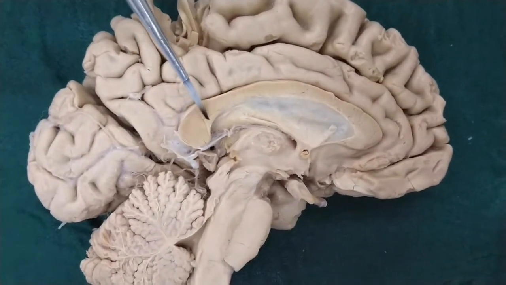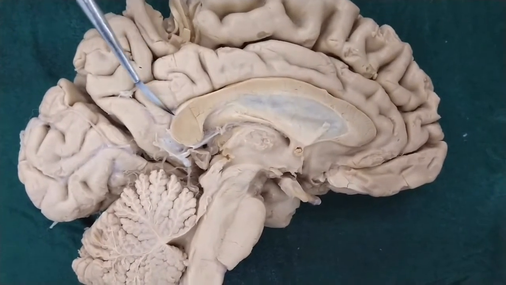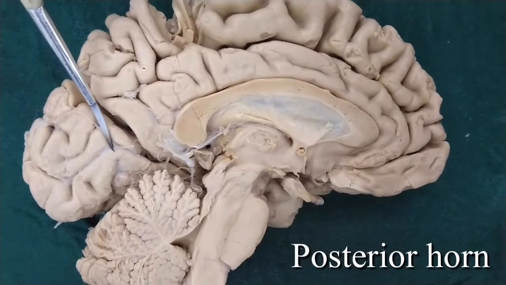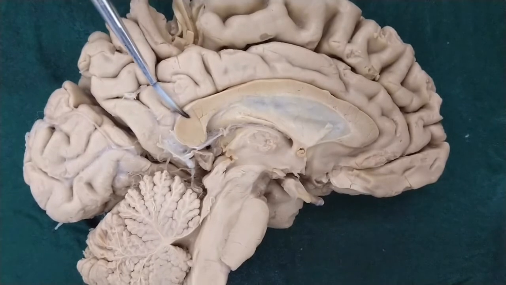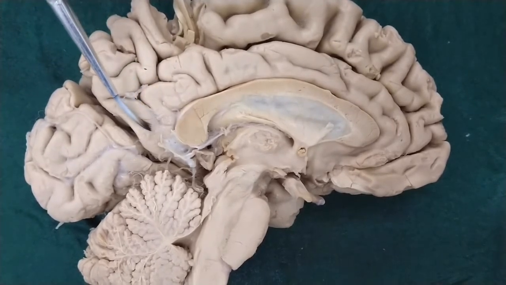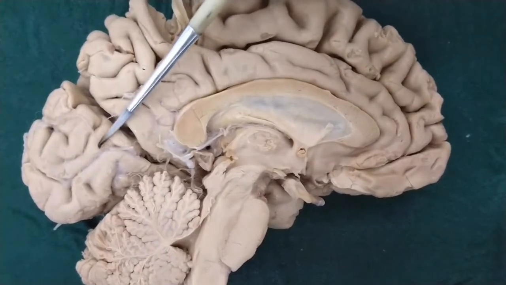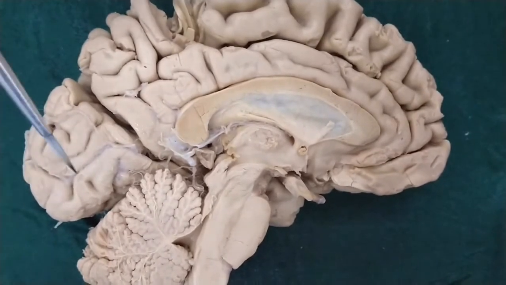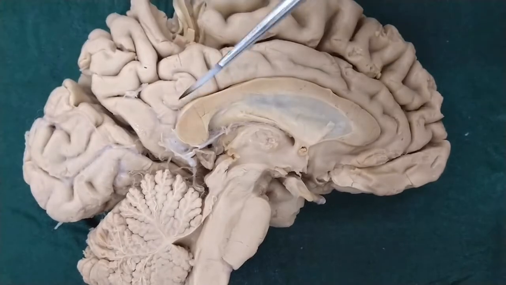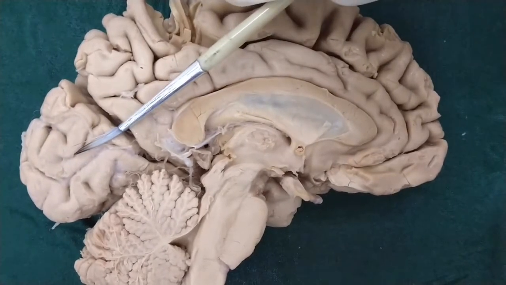The third part, the posterior horn, is the backward extension from the central part of the lateral ventricle into the occipital lobe toward the occipital pole. It doesn't extend up to the occipital pole, but the direction is towards the occipital pole.